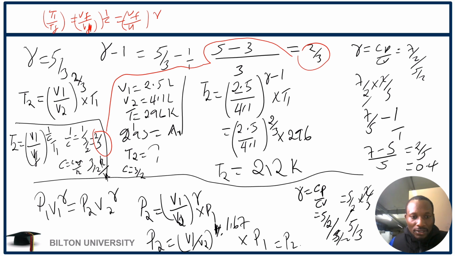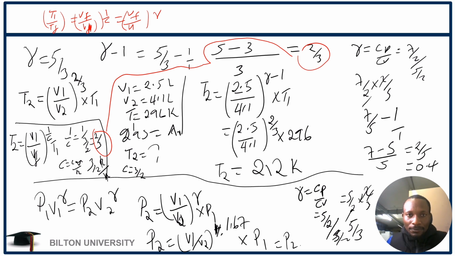So this is the relationship between those two. What I'm trying to say is that once you find this value gamma minus 1, for example for monoatomic gas it is 2 over 3, and if you find this 1 over C for monoatomic gas, you will still find 2 over 3.